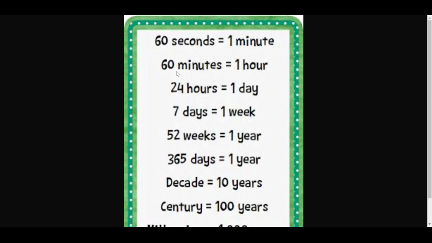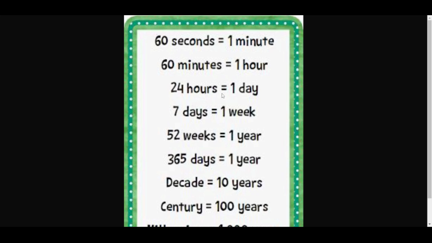Similarly, once 60 minutes are completed, that is equal to 1 hour. Whenever 60 minutes are completed on our clock, that turns into 1 hour. Similarly, whenever 24 hours are completed, that is called one entire day, which includes day and night.